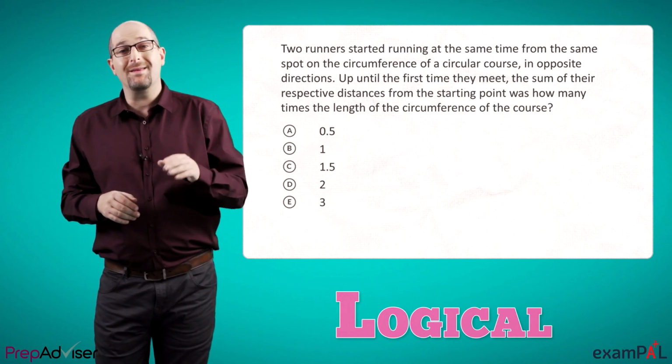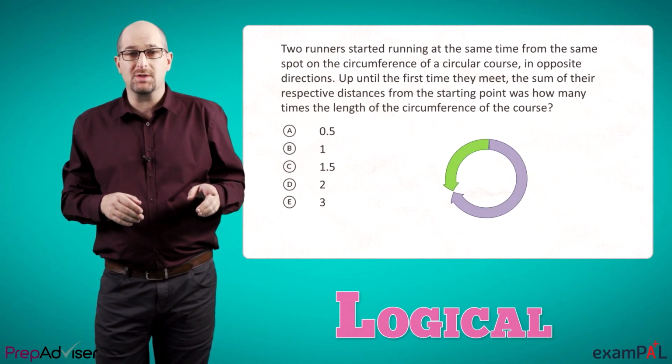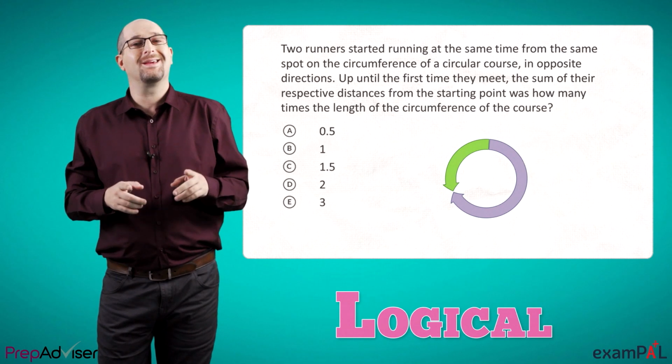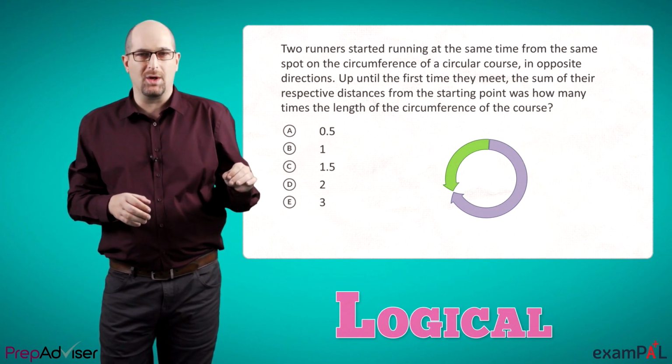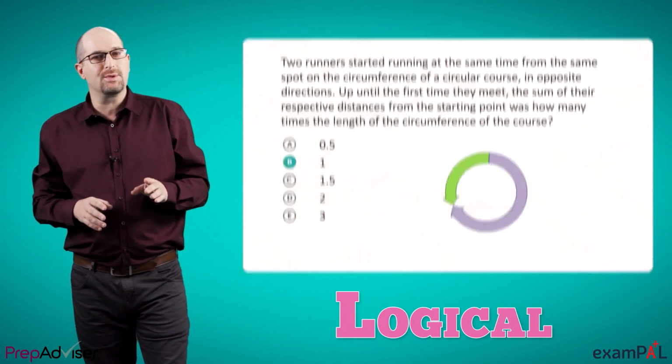Now, by the time the runners first meet, one will have completed part of the circumference while the other will have completed the rest of the circumference, meaning that together they completed the distance of the circumference exactly once. Here we managed to solve the question without using numbers at all.